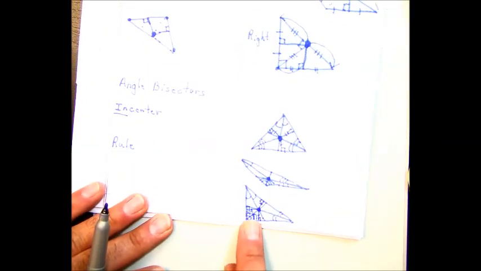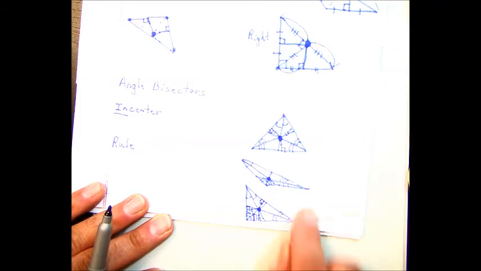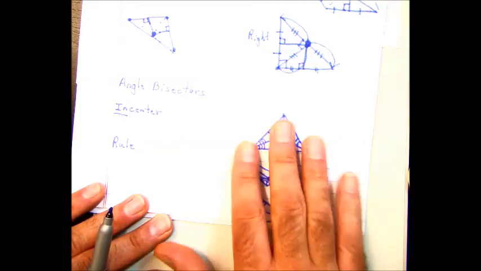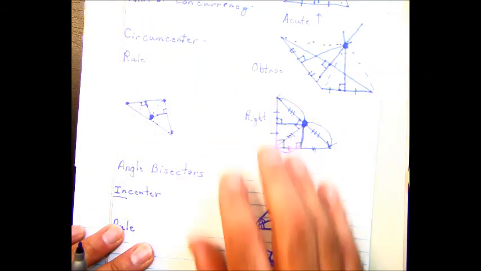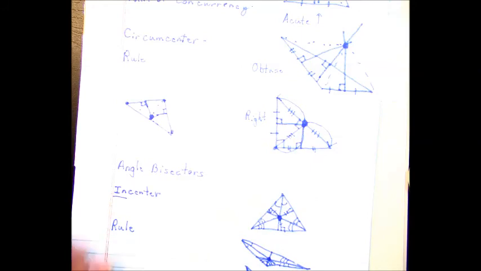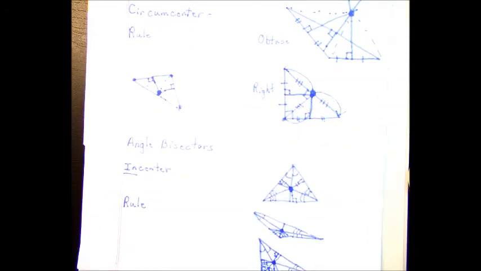Perpendicular, equidistant. Okay, so if you have angle bisectors, then you should have a picture that looks something like this. If you have perpendicular bisectors, you should have something that looks like this. So it's important that you understand what your picture is supposed to look like, because as they give you things to draw, they're trying to lead you in a direction.